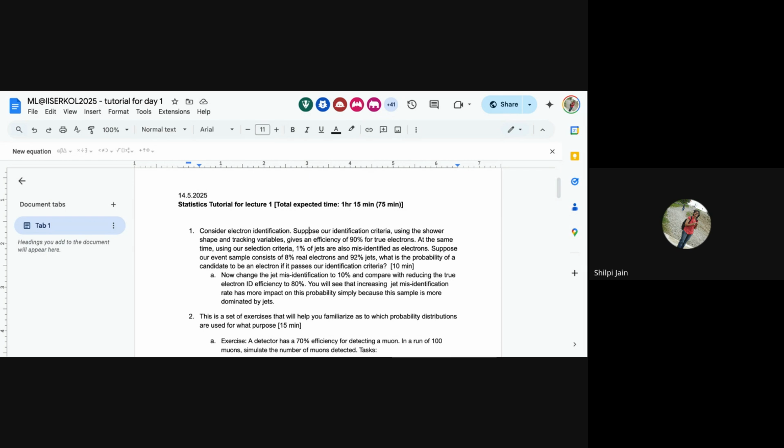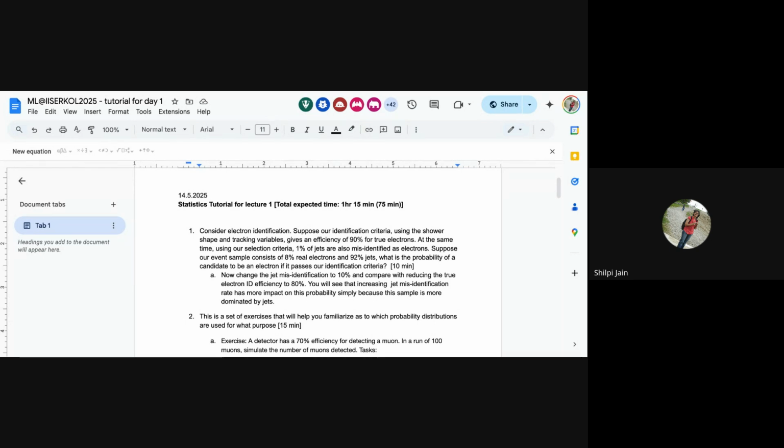So essentially these jets can look like electrons in your calorimeter. So the question is, you apply some identification criteria to separate out true electrons from these fake jets. Suppose our identification criteria using the shower shape and tracking variables gives you an efficiency of 90% for true electrons, meaning if you have a collection of 100 true electrons, those criteria let only 90 electrons pass.